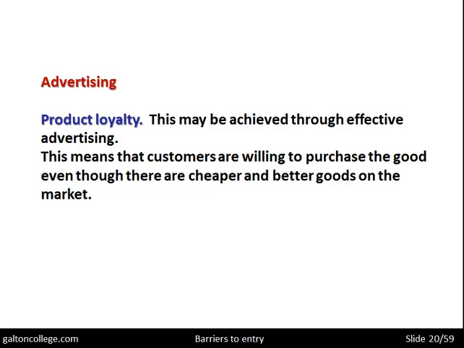So customers simply build up a loyalty to certain goods, and they have a certain lifestyle and a certain way, and the advertising industry bolsters that. The advertising industry reinforces it. So there's product loyalty. And if there is product loyalty, then new entrants into the market will find it difficult to get in, because the consumers are resistant towards different products or different names.